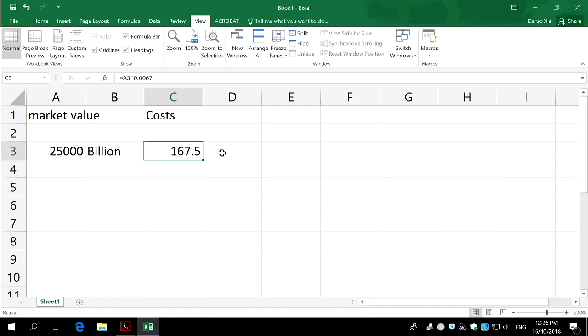So this is this many billion. So almost 170 billion per year as a cost.